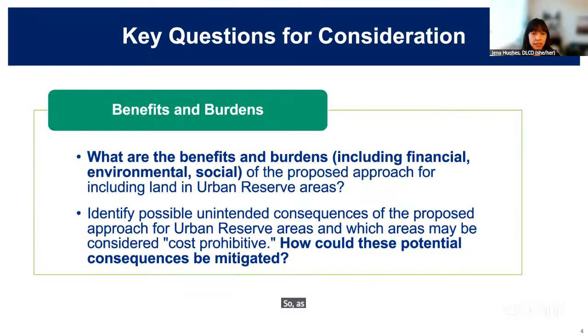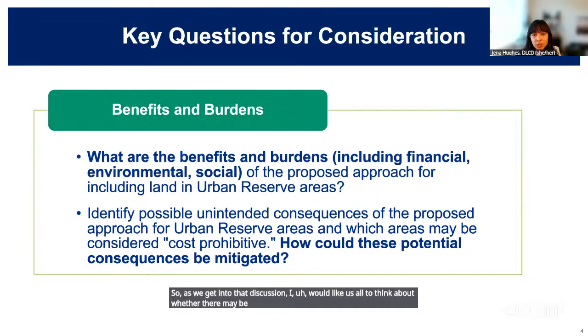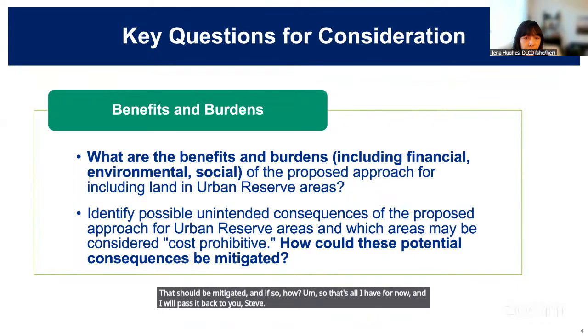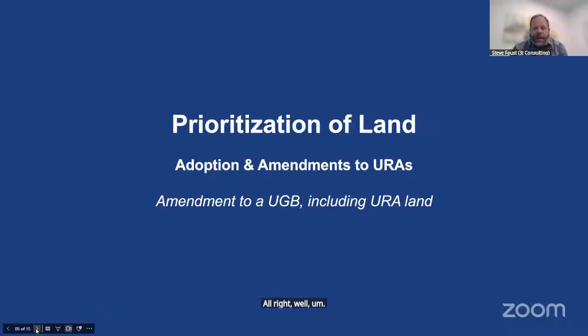As we get into that discussion, I would like us all to think about whether there may be any equity concerns or other unintended consequences that should be mitigated, and if so, how. That's all I have for now, and I will pass it back to you, Steve. All right. Again, jumping into urban reserves and the prioritization of land, I'm just going to immediately hand it over to Karen.